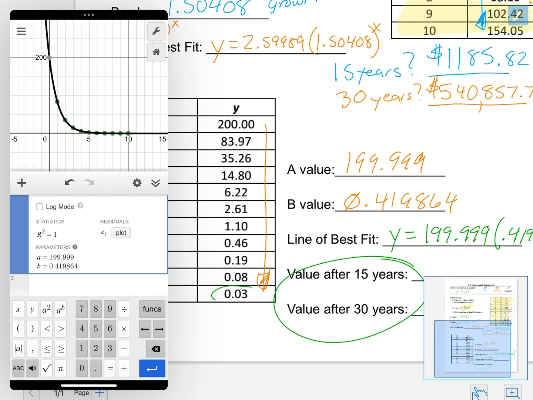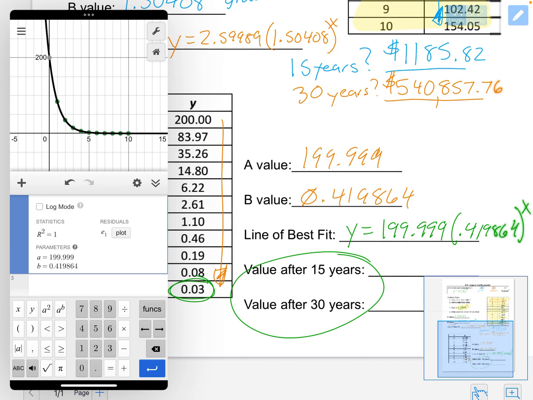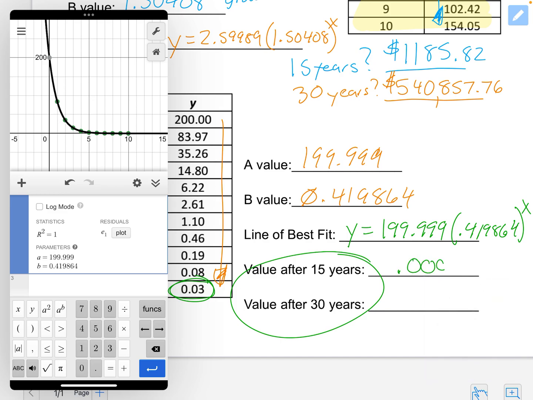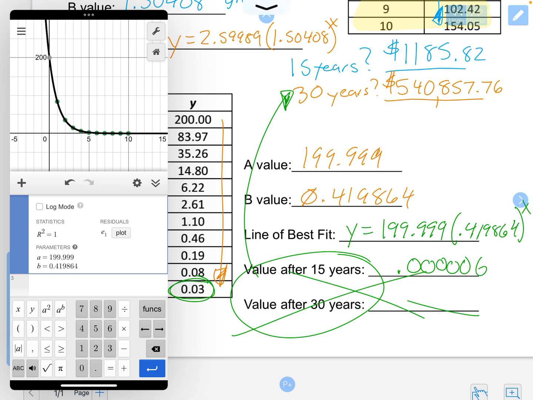But because these numbers are so small, we're going to get something like 0.000006. That's really not useful and doesn't tell us much, but it does tell us that the numbers are getting exponentially smaller. So let's not do that for this one. We did that for the previous one, which made more sense and helped us out. And that is how we do an exponential regression using Desmos.